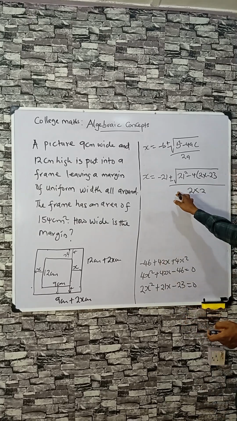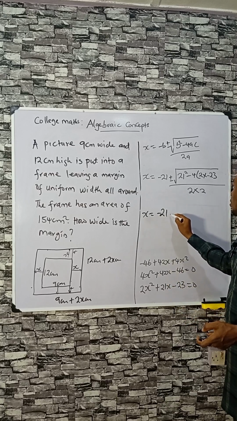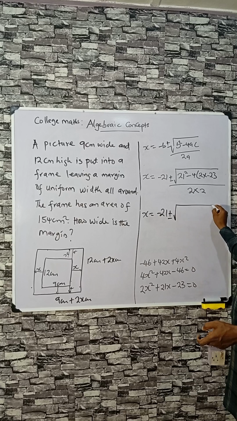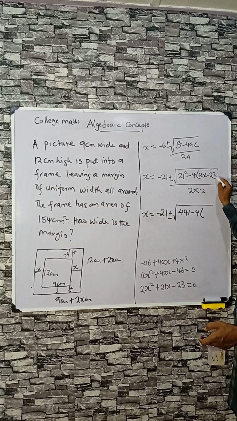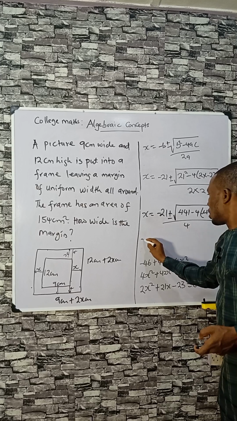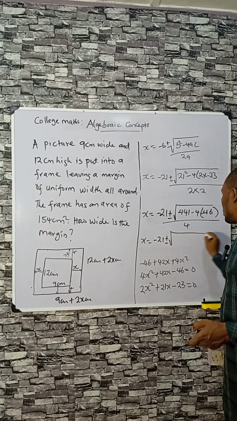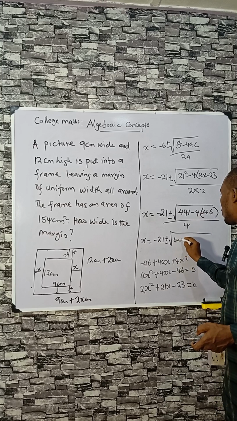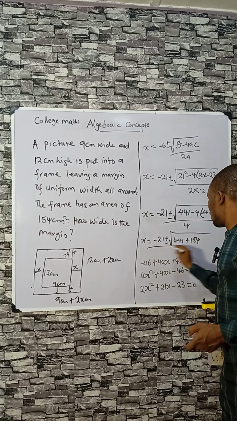So we have to clear this. x here equals minus 21 plus or minus square root of 21 squared, that is 441, minus 4 times 2 times minus 23, divided by 4. Then x equals minus 21 plus or minus square root of 441 plus 184, divided by 4.